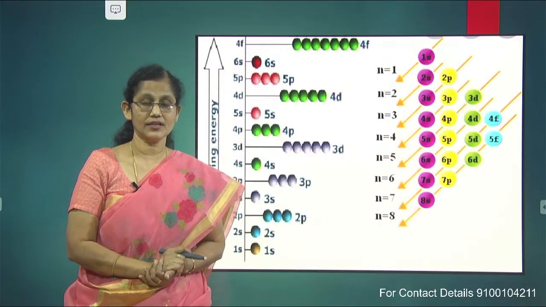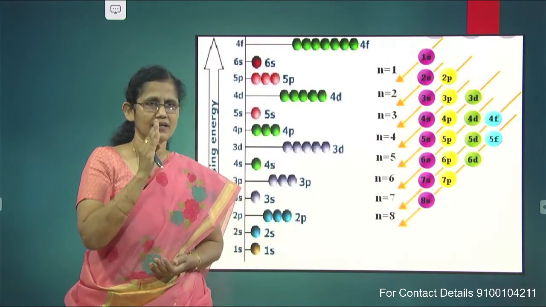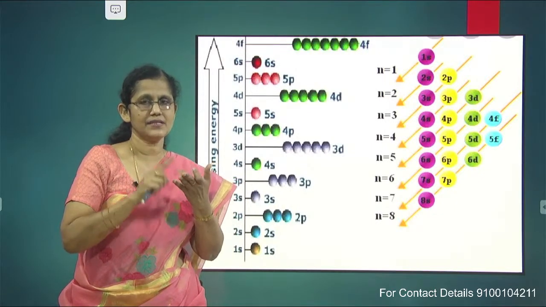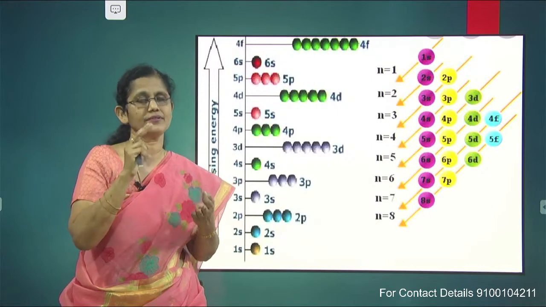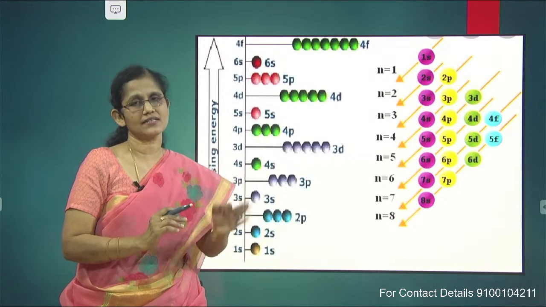An s orbital can have a maximum of 2 electrons. The p sublevel has 3 p orbitals, px, py, pz, and each orbital can accommodate a maximum of 2 electrons, so 3 p orbitals together hold a maximum of 6 electrons.